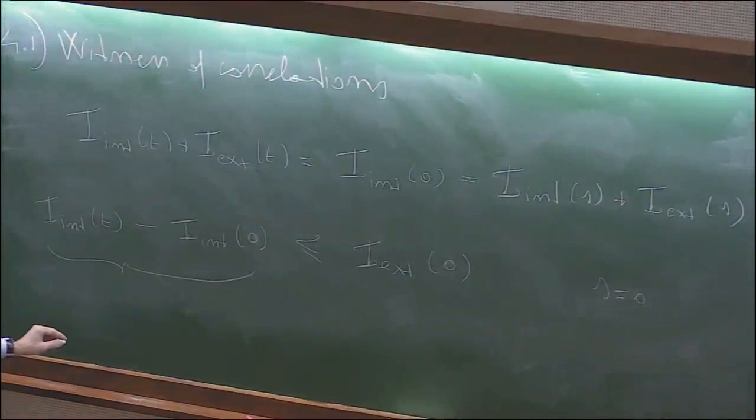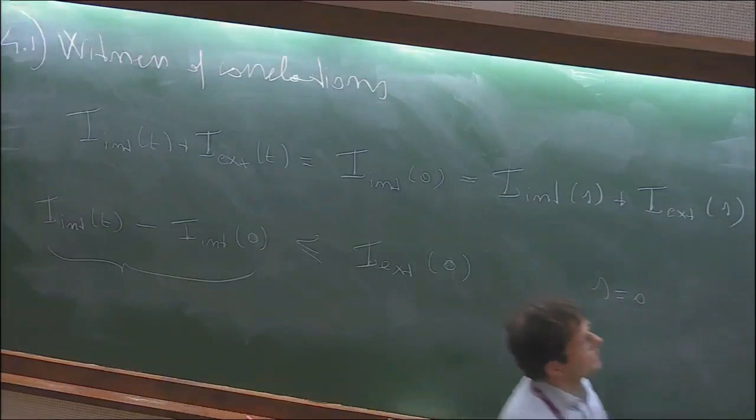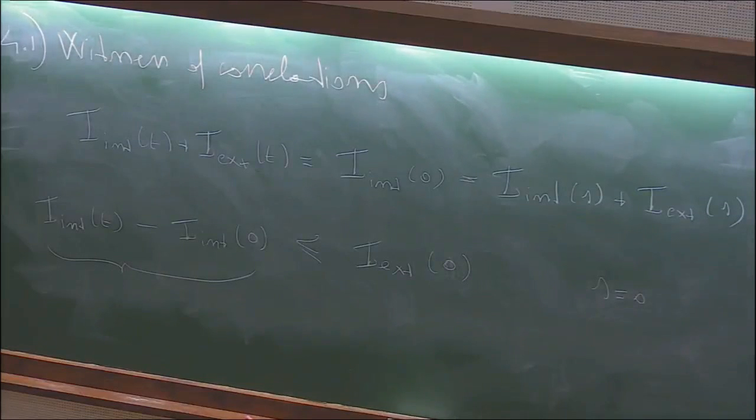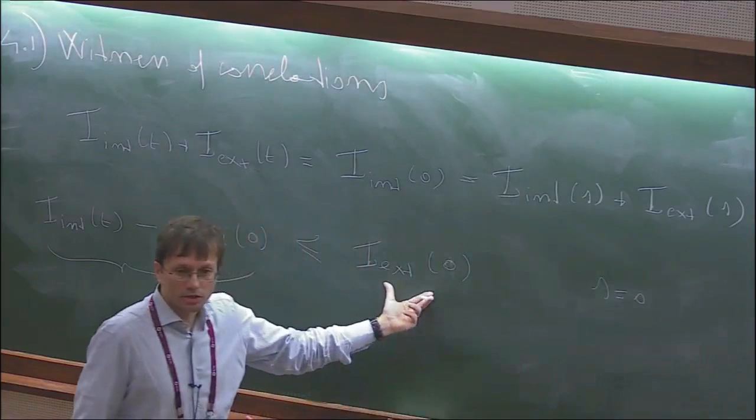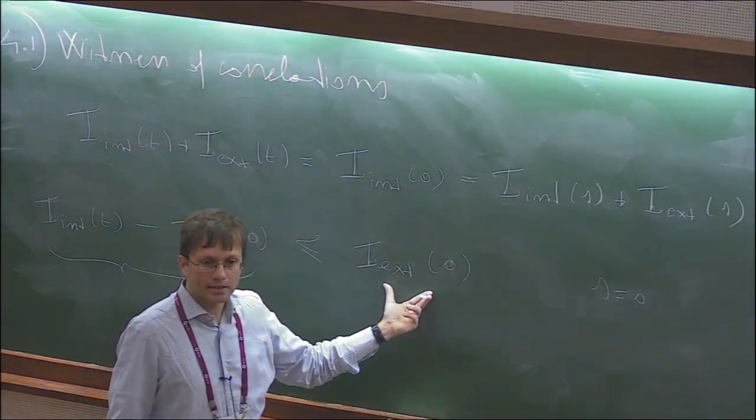This is bigger than 0 only if at some point the trace distance goes above the initial value. But this is allowed if this quantity is positive. And when can this quantity be positive?